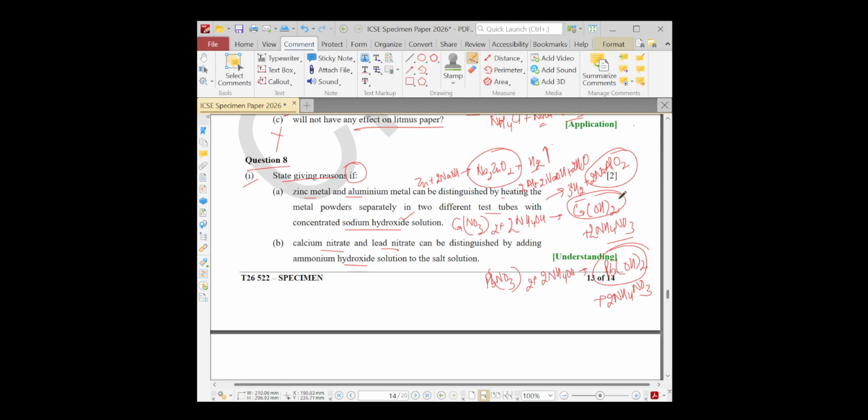Lead hydroxide forms a chalky white precipitate. Calcium hydroxide is soluble in water, so it is not going to form a chalky white precipitate. So you can distinguish using ammonium hydroxide solution.